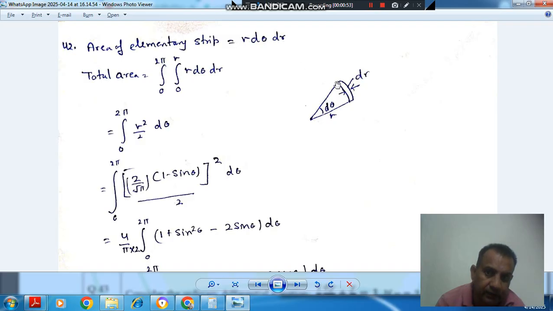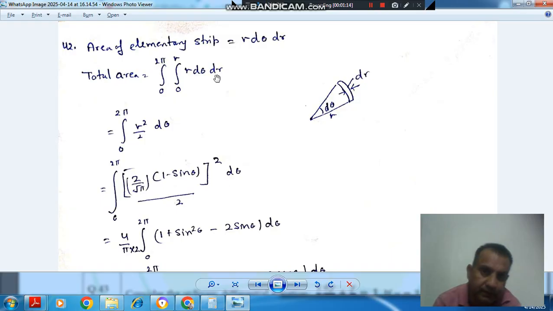So the total area is the double integration of r dθ dr, as r is varying from 0 to r and θ is varying from 0 to 2π. So double integration 0 to 2π, 0 to r, of r dθ dr is the total area.